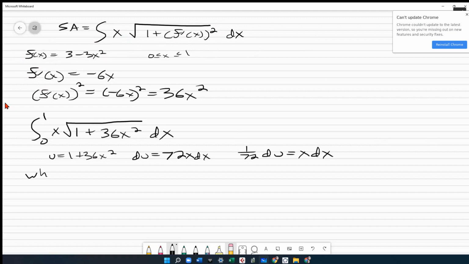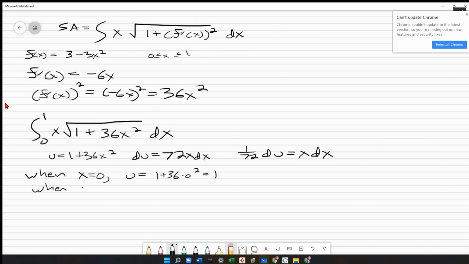And then what I'd like to do with these two is actually change the bounds of integration. So x is going from 0 to 1, but if we rewrite everything in terms of u, we don't have to worry about x anymore, and we don't have to switch it back to x because this is a definite integral. So when x is 0, u is 1 plus 36 times 0 squared, which is 1.